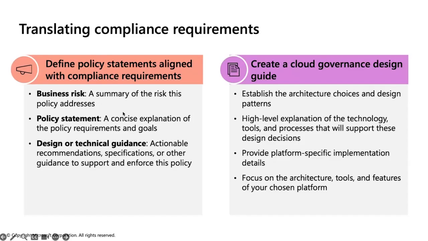What are the business risks involved? Also, based on this policy, it is the responsibility of the security architect to design and document the guideline that will be followed by the technical team, maybe for the developers, how they are going to follow this policy, what kind of recommendations you have designed.